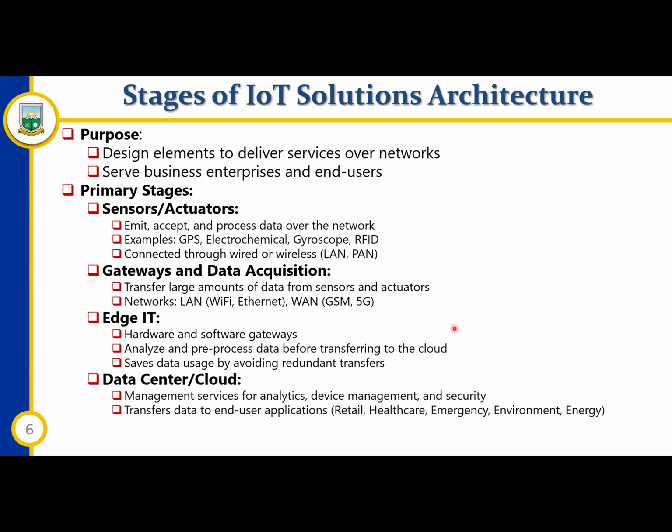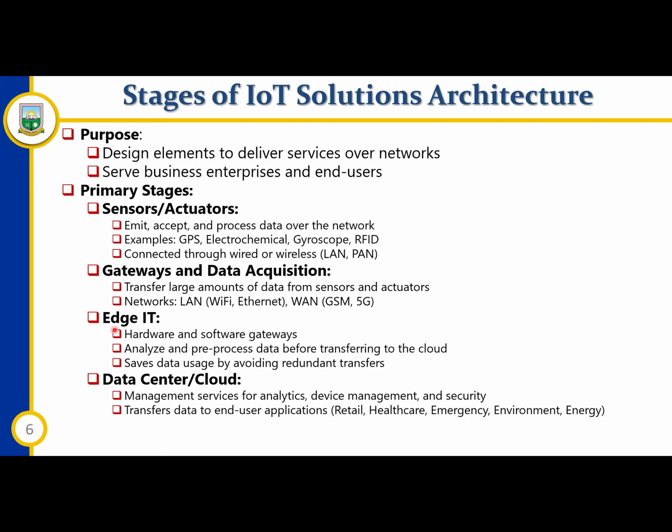Sometimes too, it goes beyond the local area network. So beyond the wired, in this case, we can have GSM, 5G, and so on. Some of these we'll talk about when we get into the practical. There are some few things that we'll be talking about.